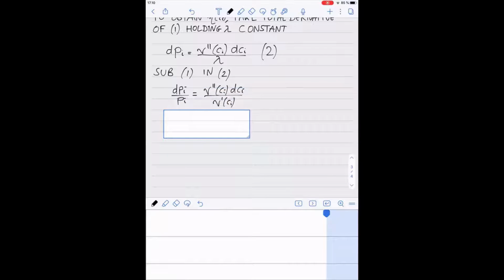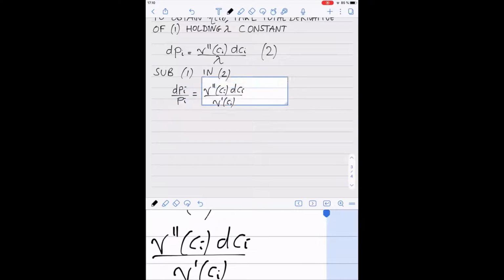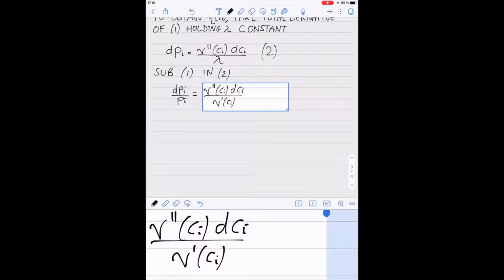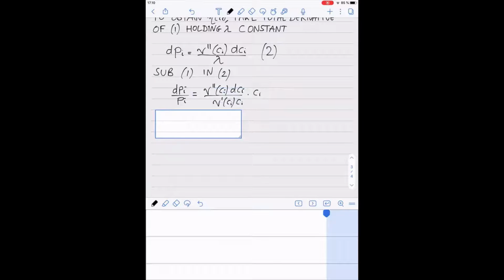Okay, so the last step that we need is to multiply and divide the right hand side by c_i, and then we can obtain our demand elasticity eta.